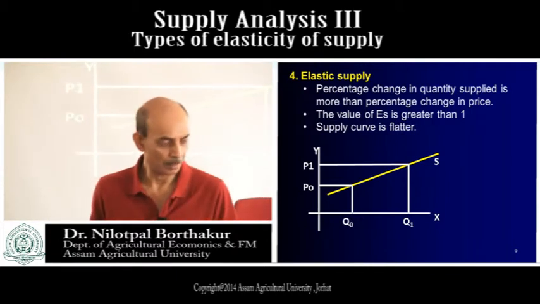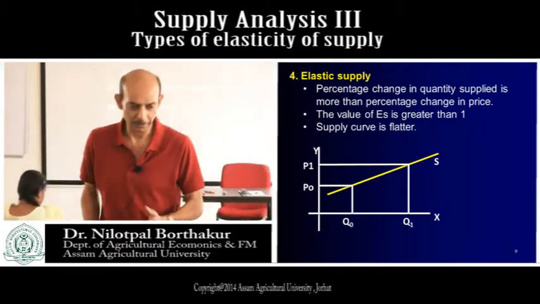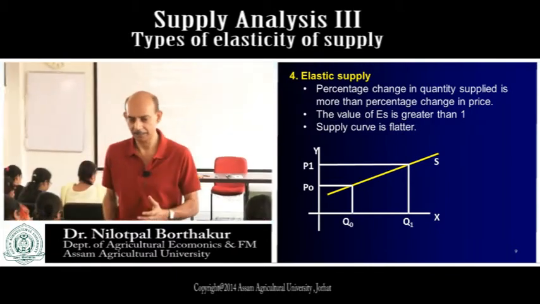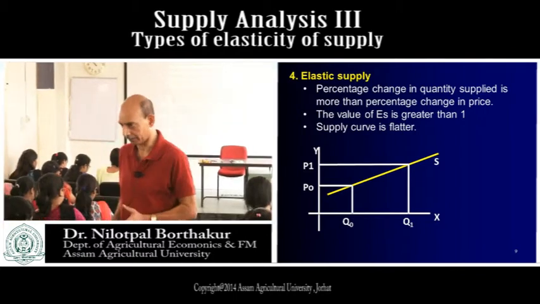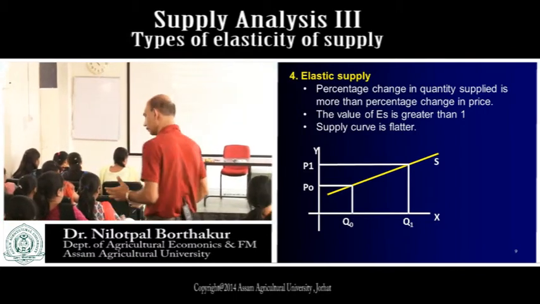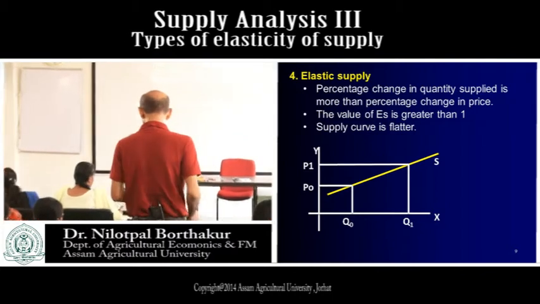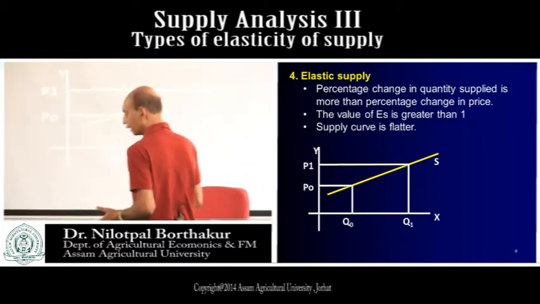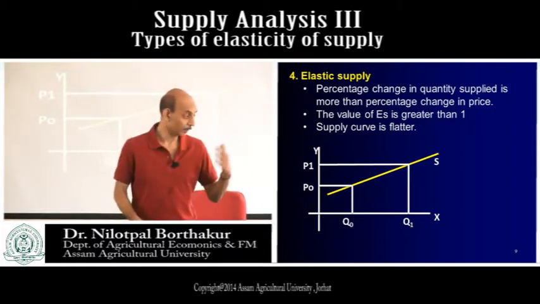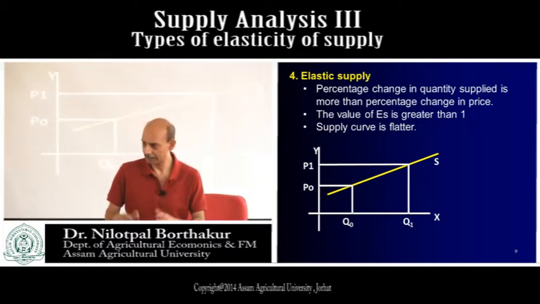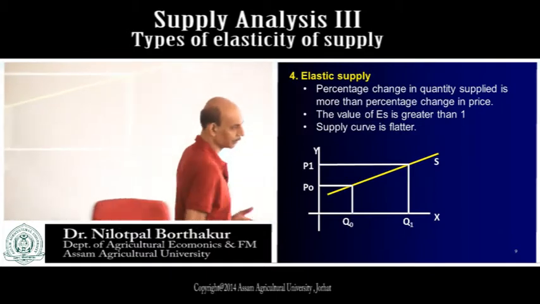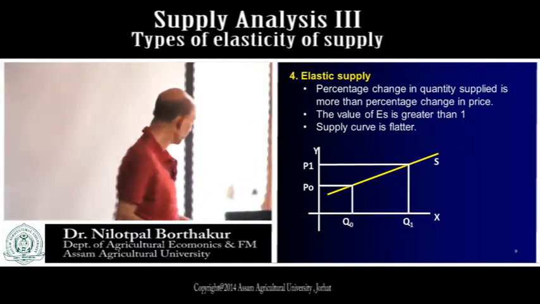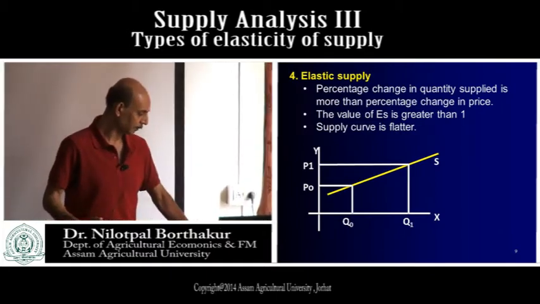Now for different type of products, commodities, supply elasticity becomes different. In case of necessary goods, in case of luxury goods, also, and moreover in case of perishable goods and durable goods, sometimes these elasticities are different. So there are certain factors also. We shall discuss all these factors later.